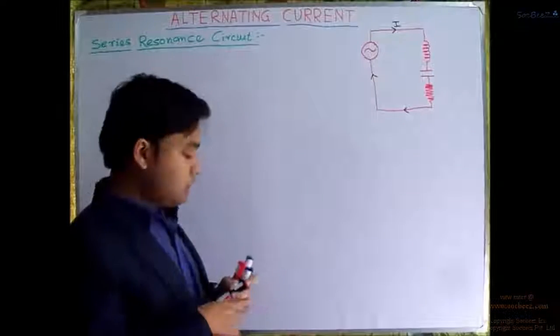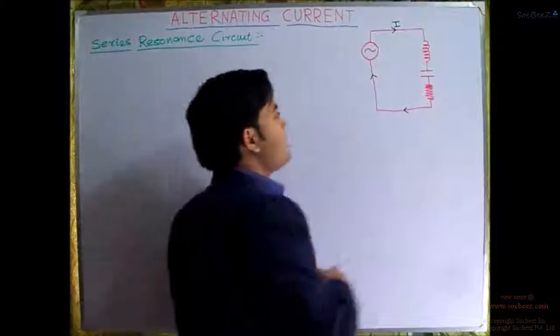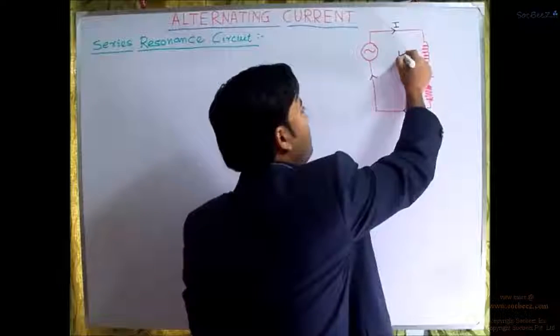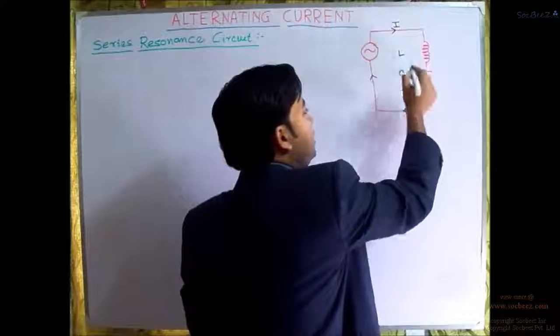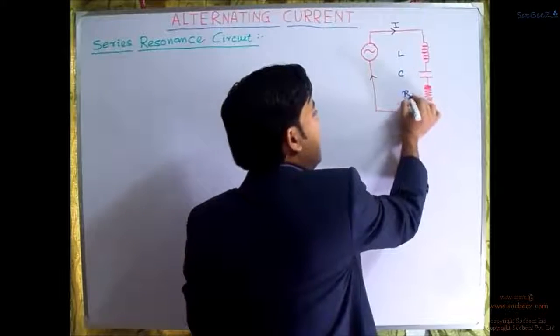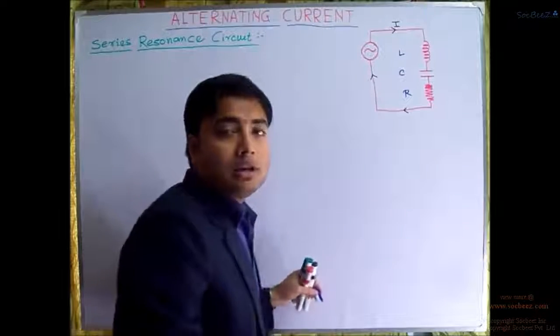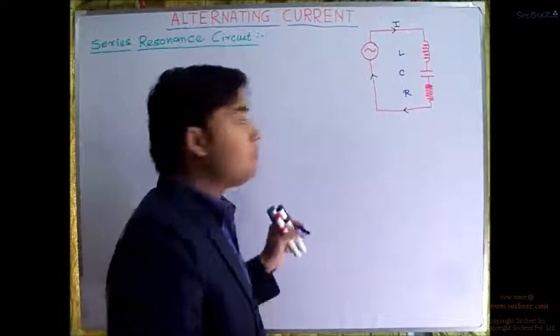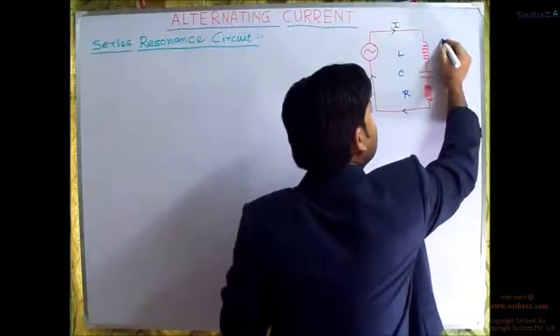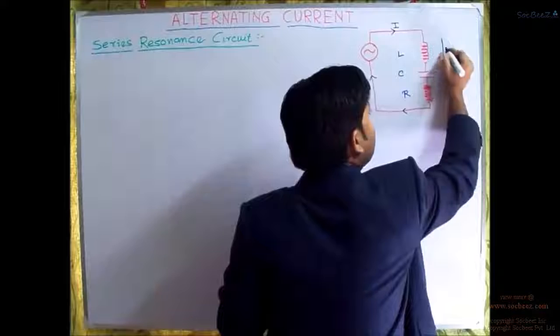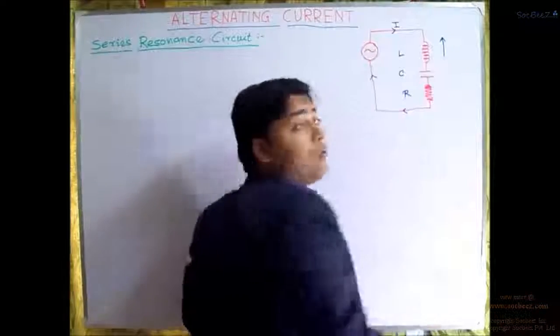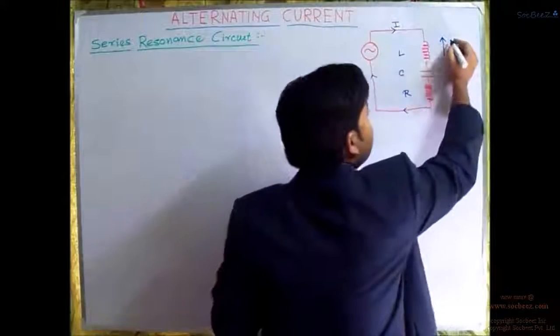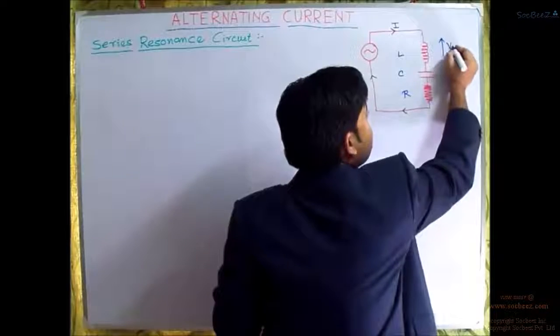For this circuit, with L, C, and R, the voltage across the inductor is VL.